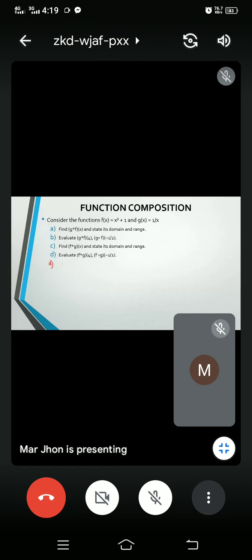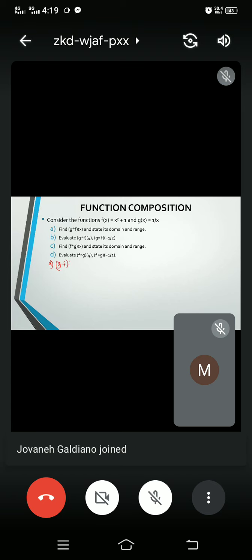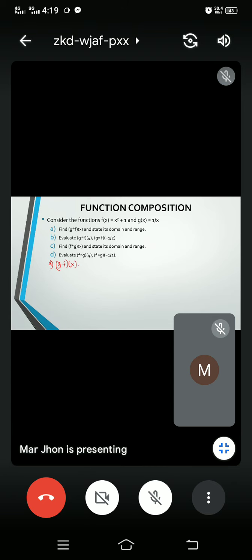So we have G times F of X is equal to G of the function F of X, right?